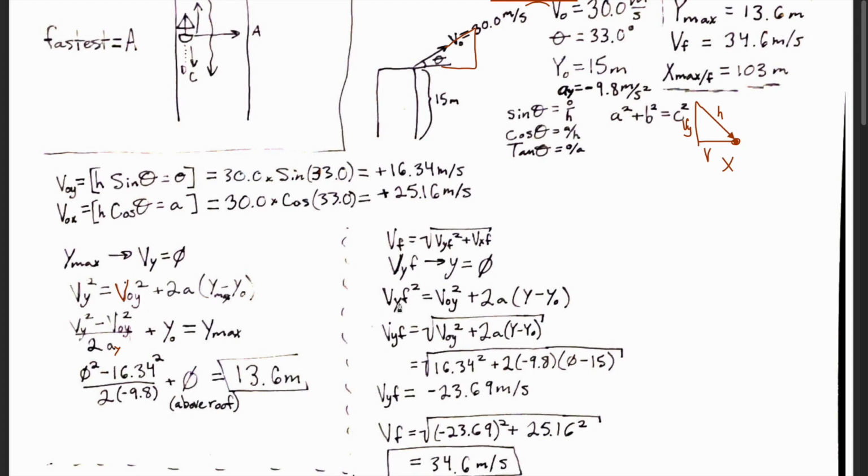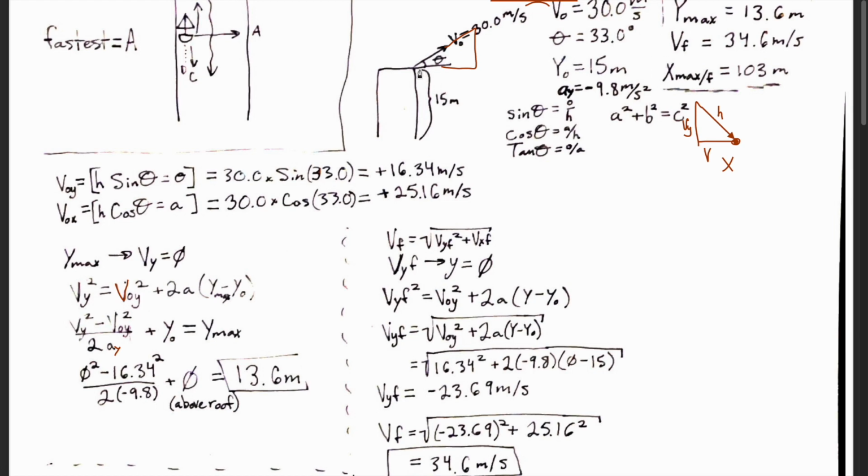So moving on, now we need to figure out what the velocity y final is. And before we do that, I just wanted to note that for velocity x final, there's no acceleration in the x direction here.